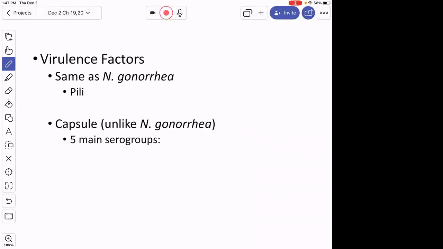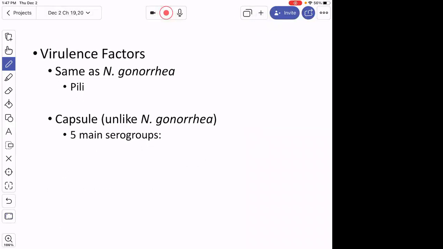Virulence factors, I already talked about the endotoxin. I'll list that here. Again, remember, it's more deadly. Otherwise, same as Neisseria gonorrhoeae, it has pili, protein adhesins, that are specific for the meninges this time.